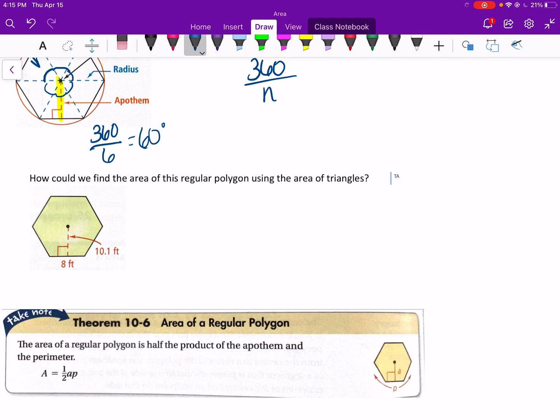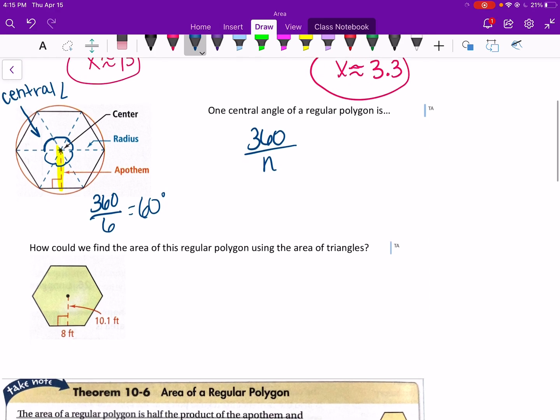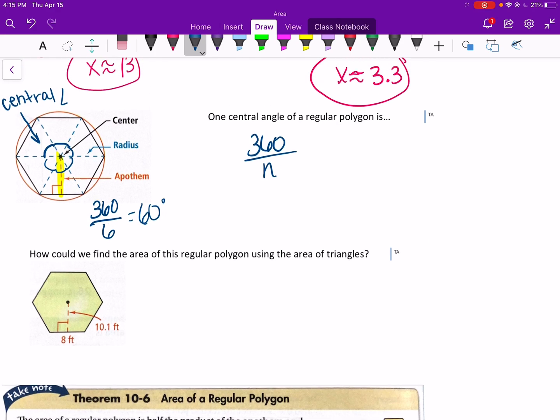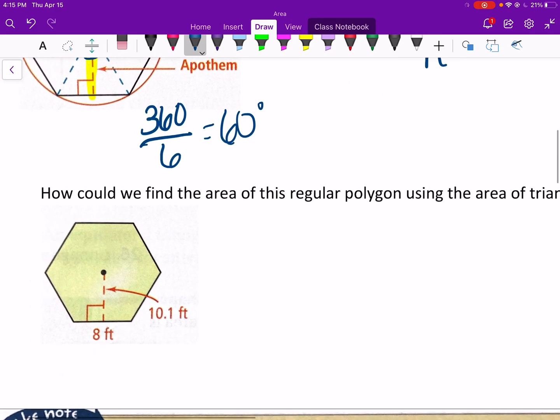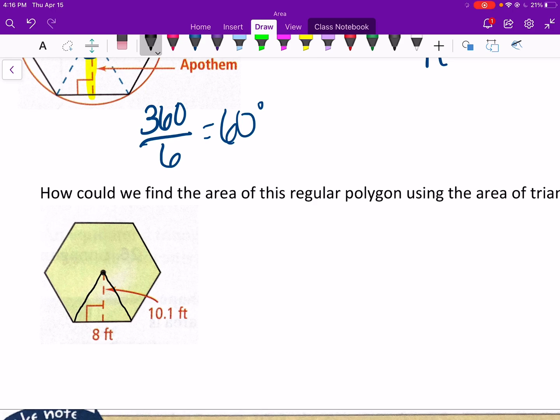So now we are going to see if we can find the area of this regular polygon based on what we already know. So before we look at the formula, first of all, I'm going to draw a radius here and a radius here. So I formed a triangle in this black outline. I can find the area of that triangle.